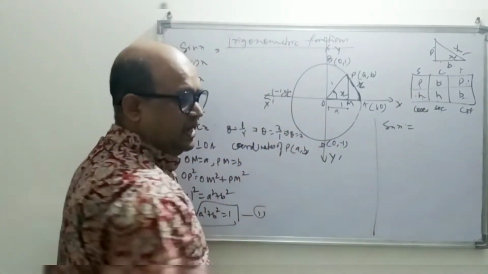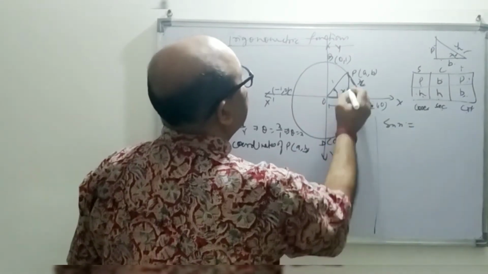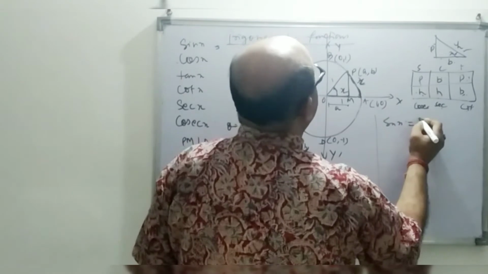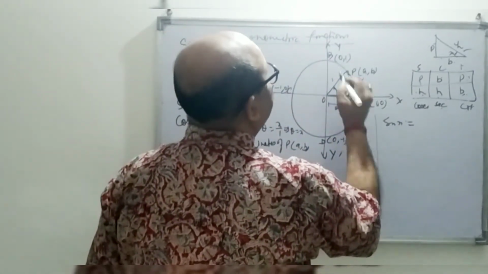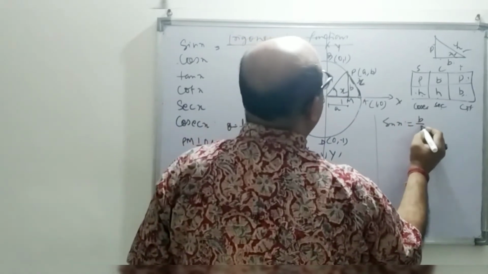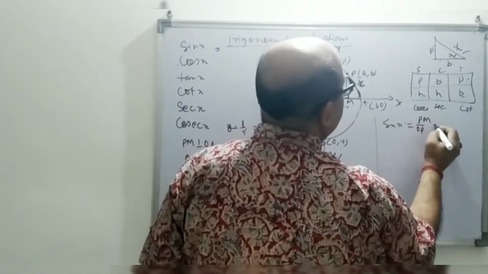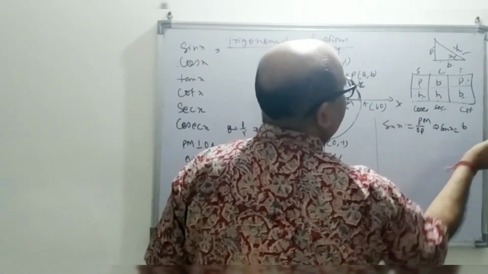So let us start with sin x. Sin x is perpendicular by hypotenuse. Here, the perpendicular is PM, that is b, upon OP. That is, sin x equals b.